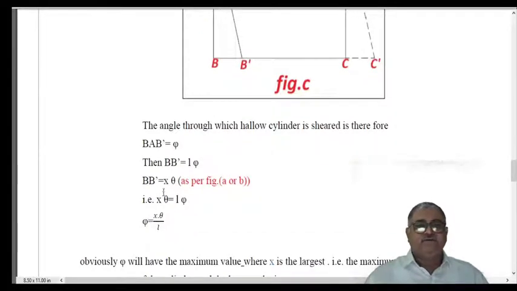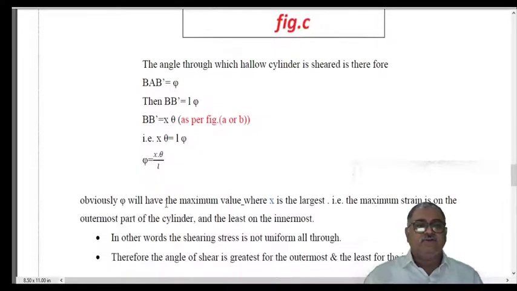And see, from figure A or B, you will easily get BB dash equals X into theta. BB dash equals X into theta, and X theta is nothing but L into phi, and therefore we can easily calculate phi equals X into theta by L.